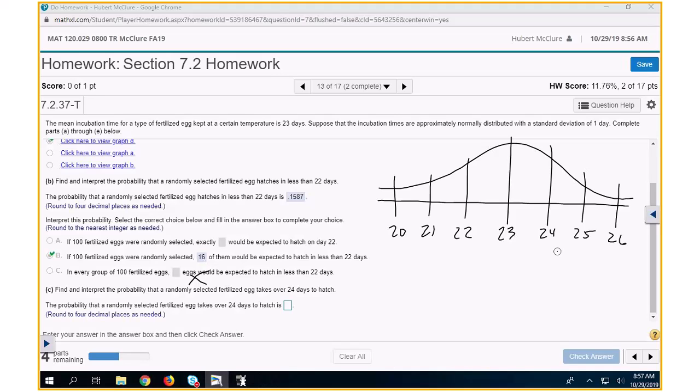So 24 is right here. So again, that's going to be 16% by empirical rule. But in this case, 24 minus 23 over 1 is equal to 1.